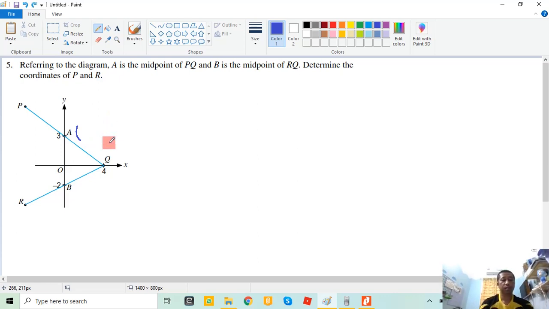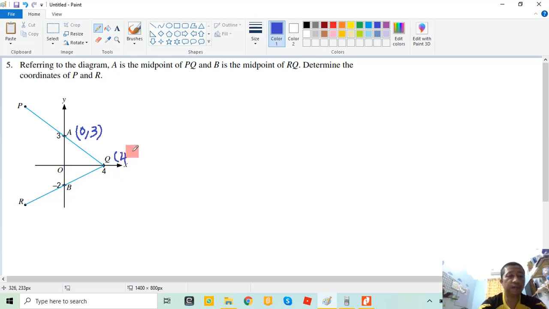Point Q is on the x-axis, so x is 4, but the y value is 0 because this is the x-intercept. We have one more point here, point B. B is on the y-axis, therefore the x is 0, and then y is negative 2. So we have the coordinates now.